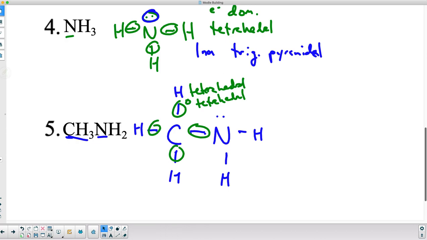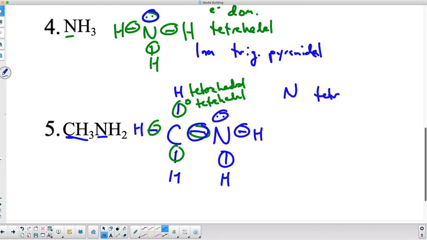For nitrogen, I'm going to count 1, 2, 3, 4, which means I have tetrahedral for the electron domain geometry because there are 4 electron domains, and for the molecular geometry, I have 1 lone pair, 1 non-bonding, which means trigonal pyramidal.